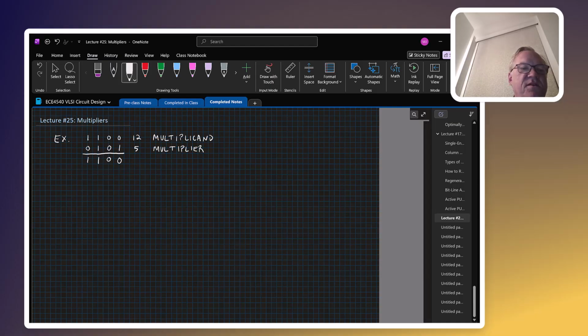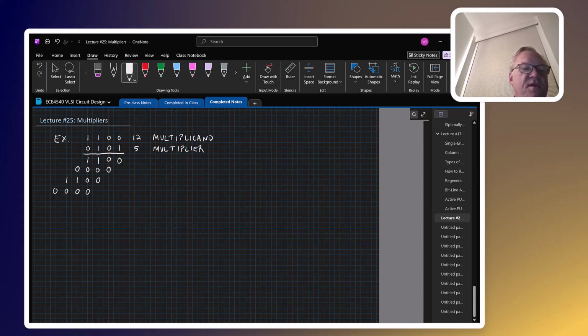And for the next one, I'm going to create another partial product using the next significant bit with a shift operation. And I'm going to keep doing that until I've formed all of my partial products.